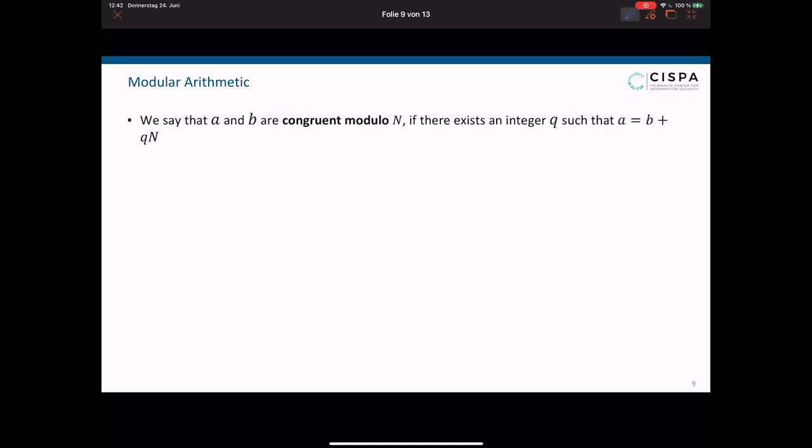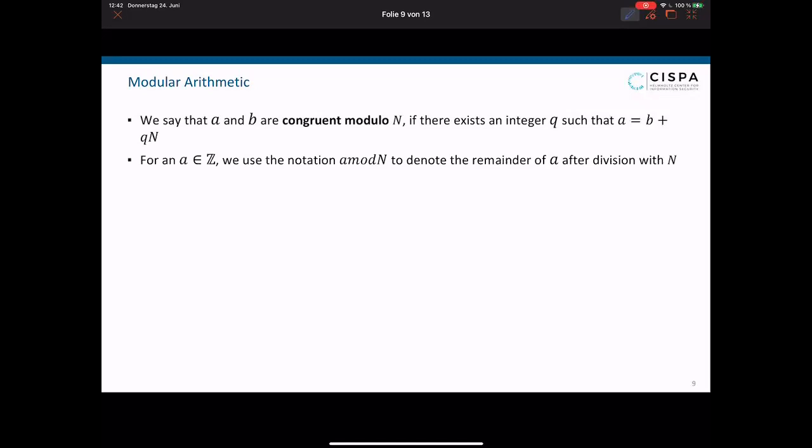So we say that A and B are congruent modulo n if there exists an integer q such that A equals B plus q times n. Right? This is the basic congruence relation modulo n. Okay, so here the conversion from Keynote to PowerPoint again messed up a little bit my notation.